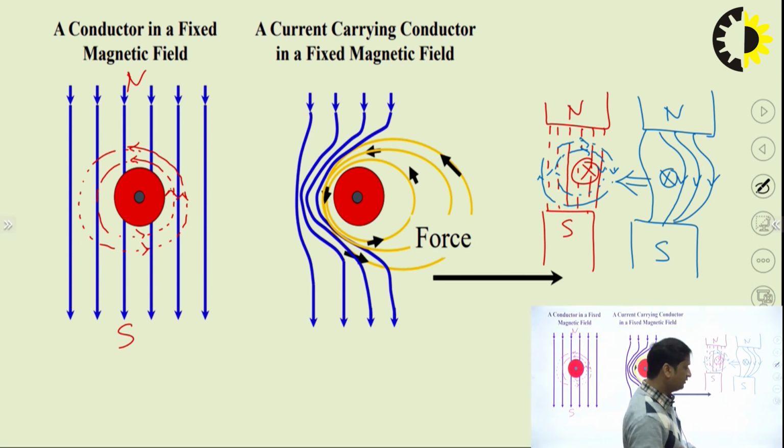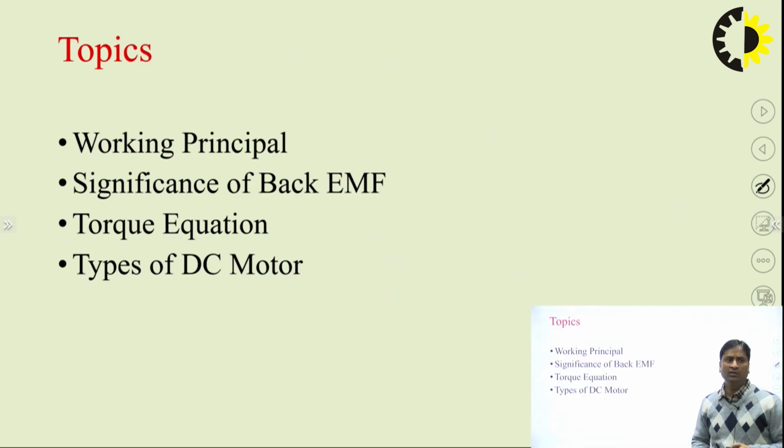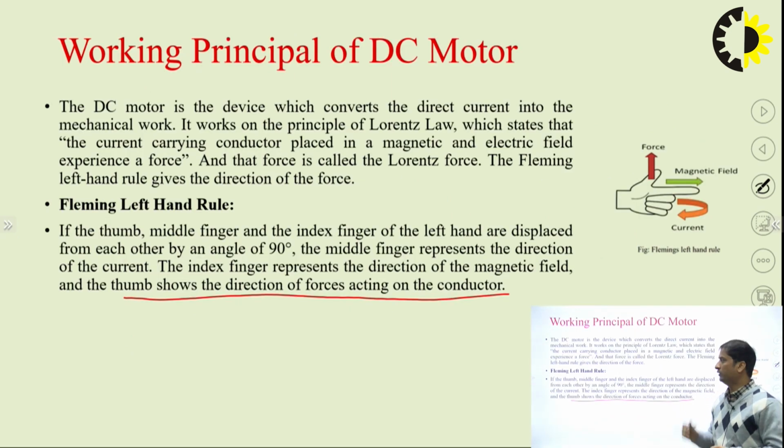By using the left hand rule, if the current is going inside and the field is from north to south, the force will be in these directions. So we can determine it simply by using the left hand rule. Whatever the direction of current in the coil, it depends on which pole it is lying under, it will experience a force, and as a whole the motor will start rotating. So this is the basic principle behind how the DC motor works or rotates.